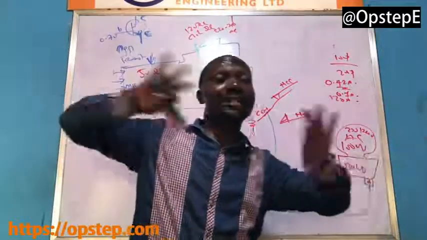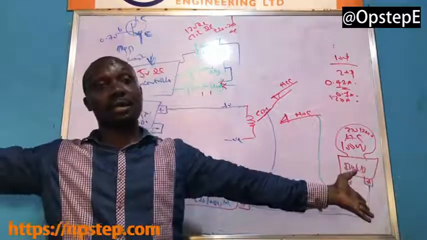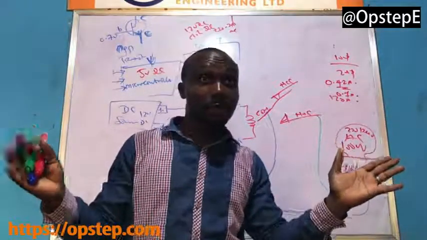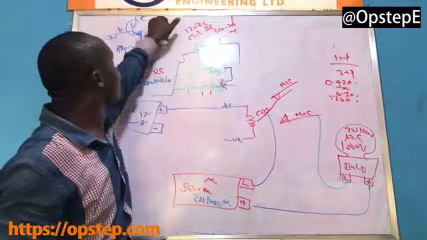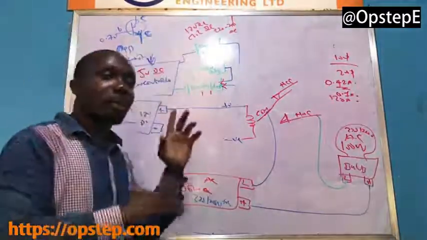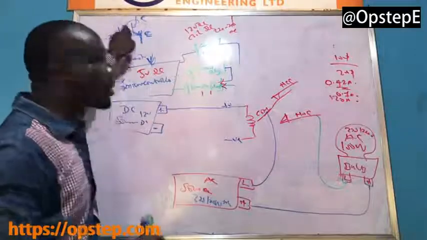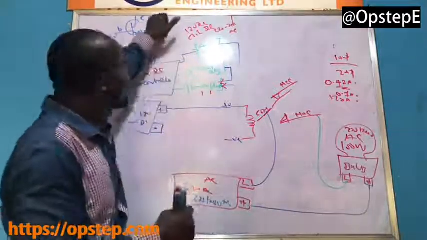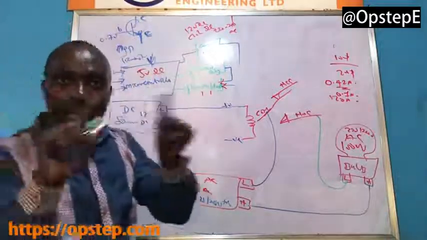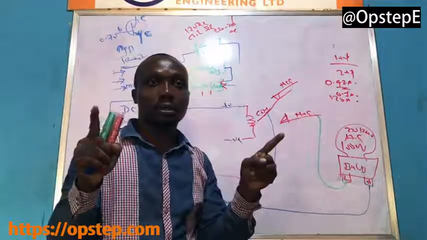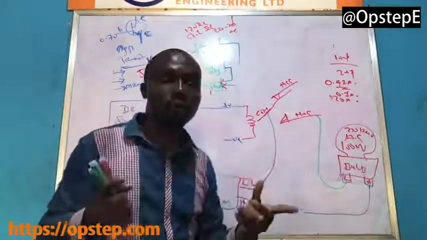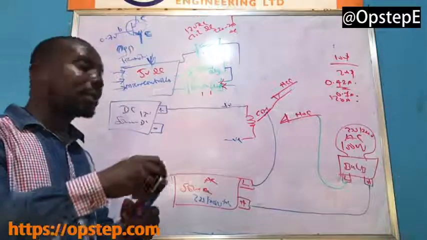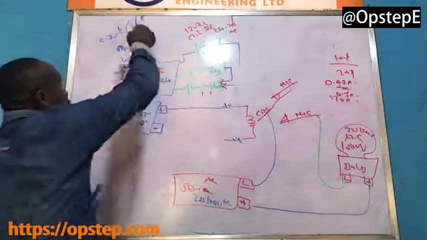So it's not connected. Are you with me? The collector is isolated from the emitter. That is when the base is not biased. But when the base is biased, that resistance wall collapses, such that your collector and your emitter have very, very low resistance. When you put your meter across them, it's going to beep because it's very low resistance, almost as though there's a straight wire connecting them.